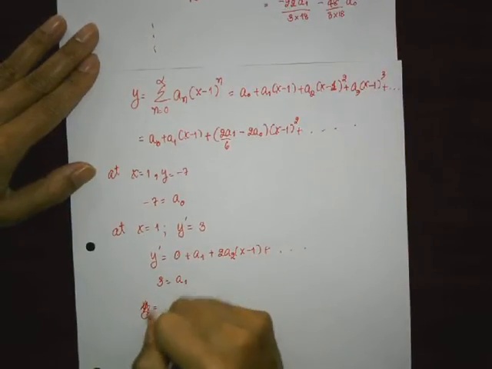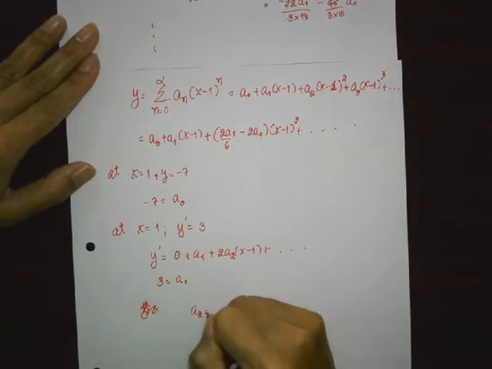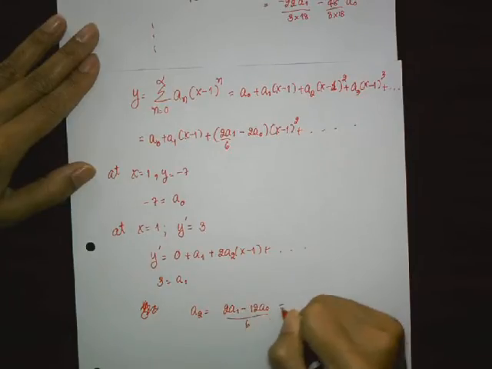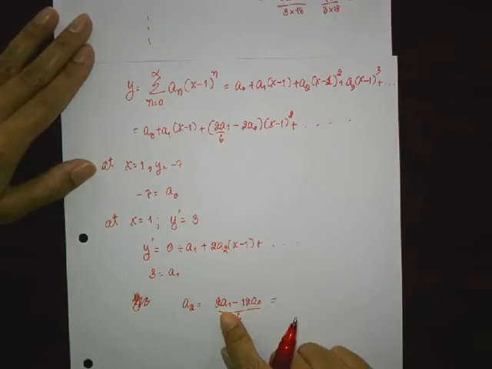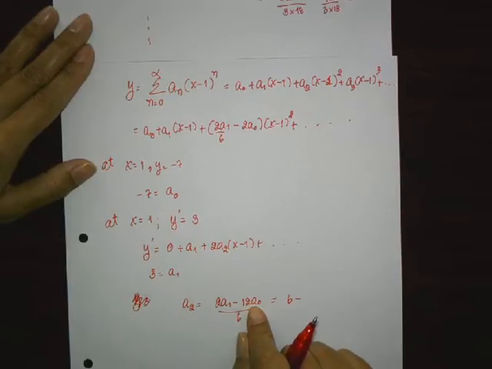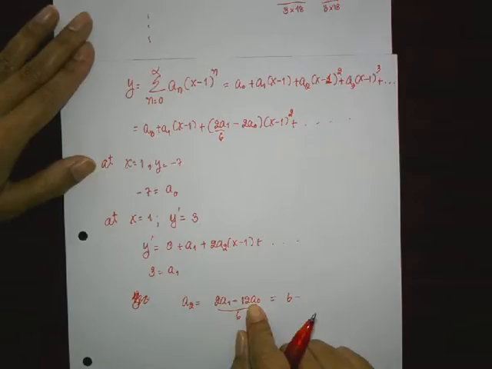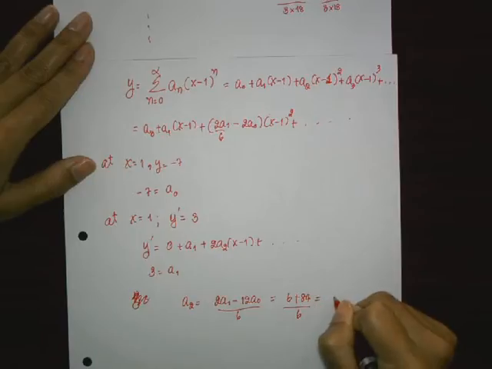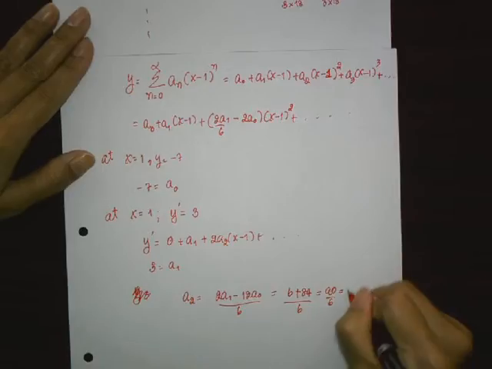Now we know that our a2 is equal to 2a1 minus 12a0 divided by 6. a1 is equal to 3, put 3 in there. a0 is equal to minus 7, so minus 7 times minus 12 plus 84, divided by 6, which is equal to 90 divided by 6, which is equal to 15, right?